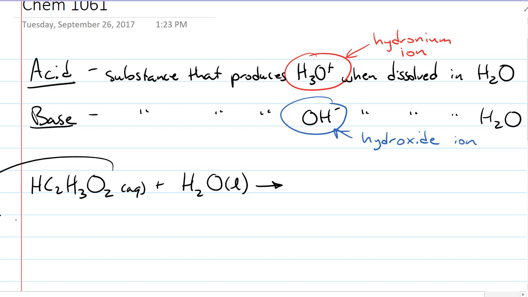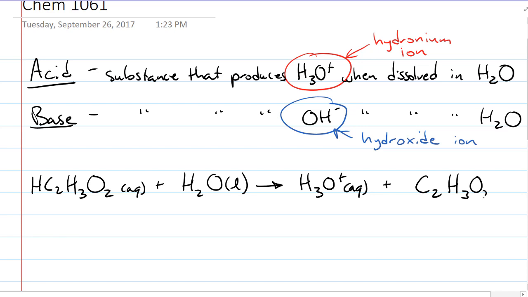And because this is an acid, that means that one of the ions that is produced is which type? Hydronium. Right. And so we wind up producing hydronium ions, and if we balance this equation, what's going to be left over? C2H3O2 with a charge that is negative.